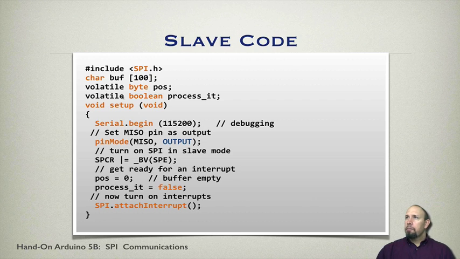In this particular case, I have these two volatile variables. So remember what a volatile variable is. It's a variable that can go in and out of interrupt service routines. So that's what the volatile is for. Byte pos is the position in the array, and the Boolean process is saying, am I going to process it or not?